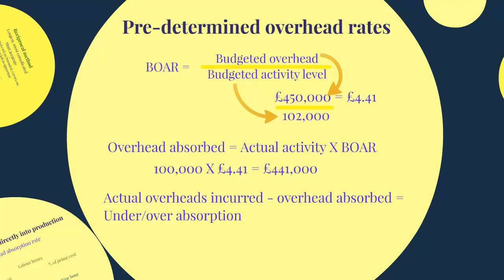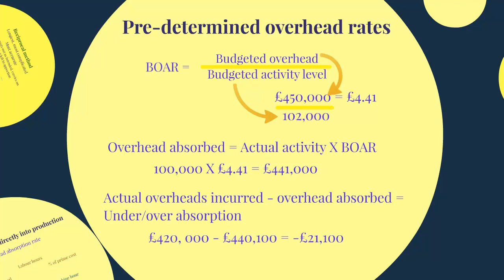Now, on the flip side of this, let's say that the actual overheads were only 420,000. So rather than having our budgeted overheads of 450,000 and our budget activity of 102,000, we made 100,000 units and our overheads were 420,000.